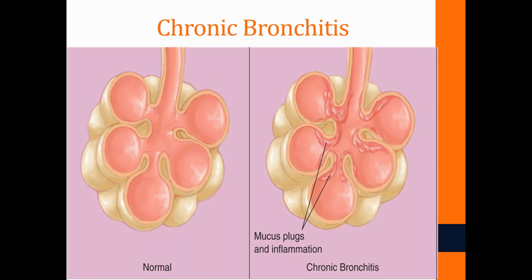So now we have plenty of oxygen, we still have plenty of space, but instead of just having to go through that one cell wall and diffuse into the bloodstream, it has to go through one cell wall and all of this inflammation and all of that swelling, and the gas can't exchange itself quite as easily. The airways get more narrow, and these mucus plugs can actually close off entire portions of our patient's lung.